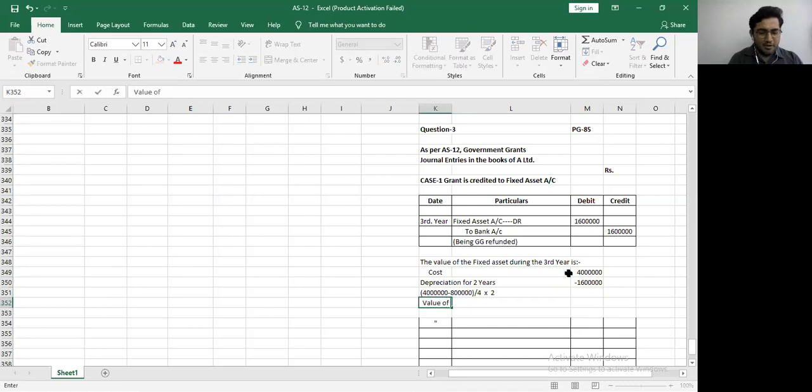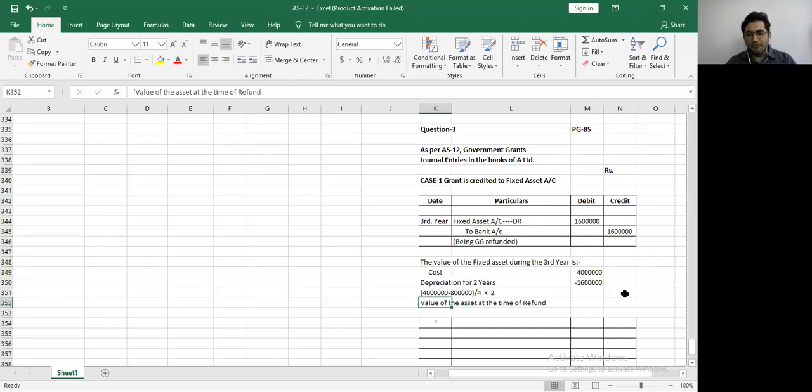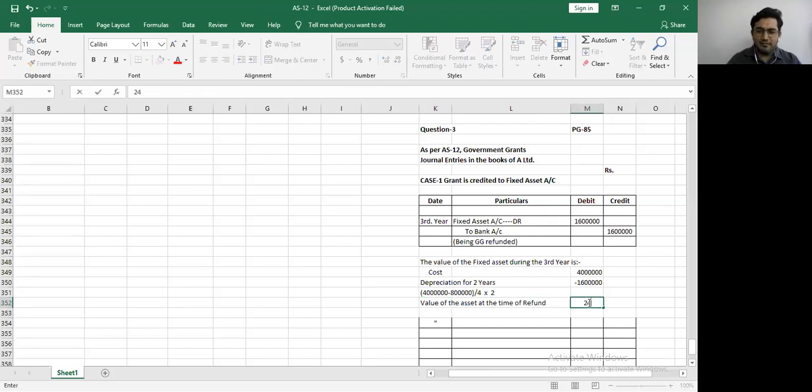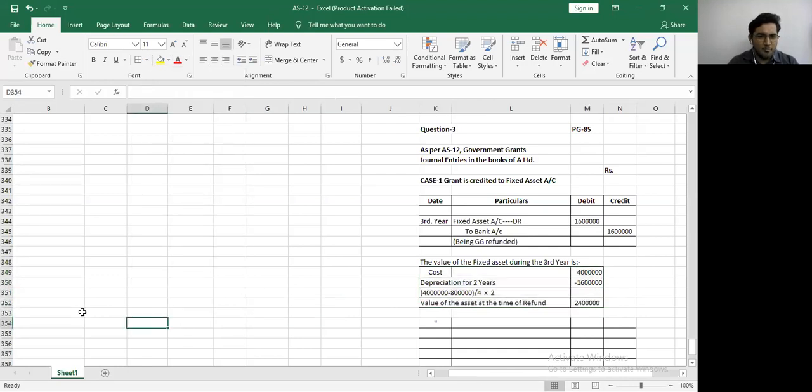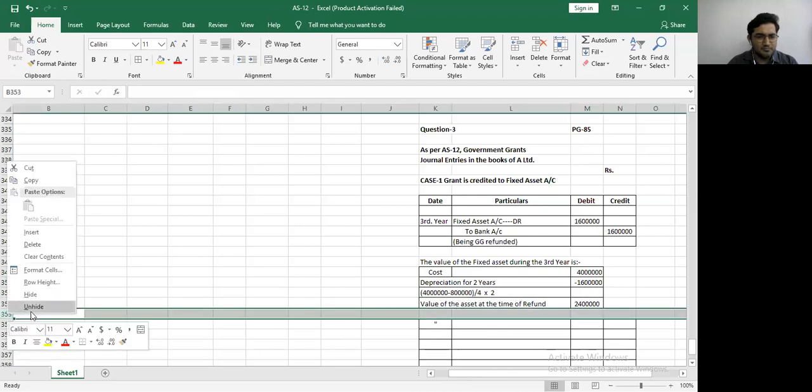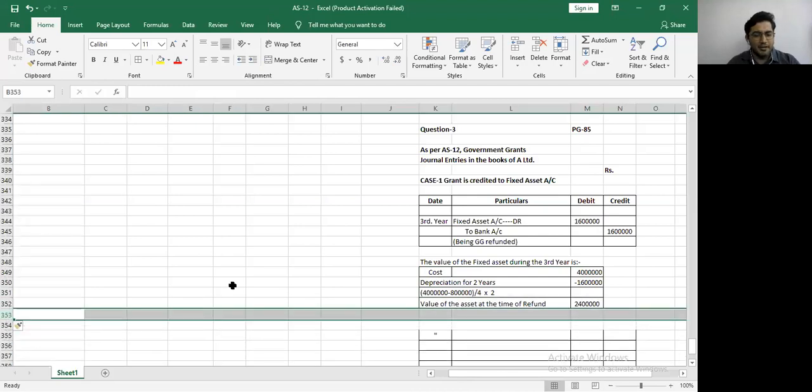Tell me this value of the asset at the time of refund, how much will it come? You get 24 lakhs. Value of the asset at the time of refund is how much? 24 lakhs.